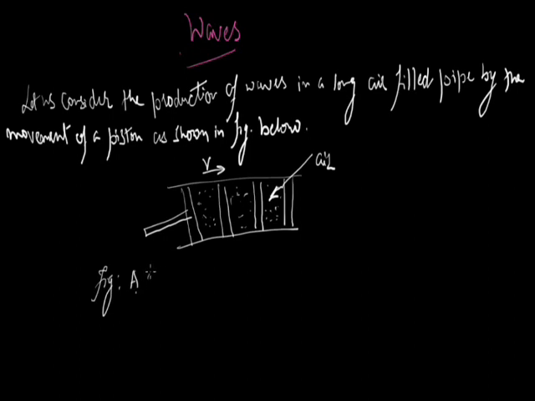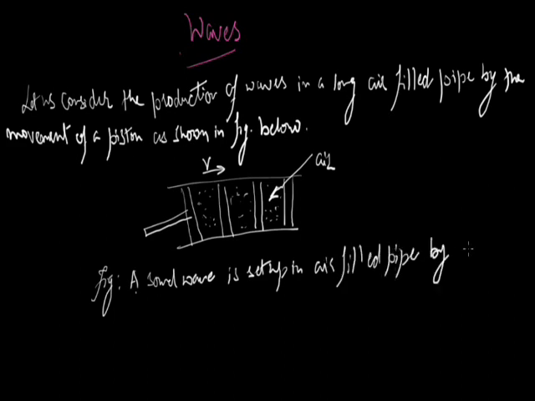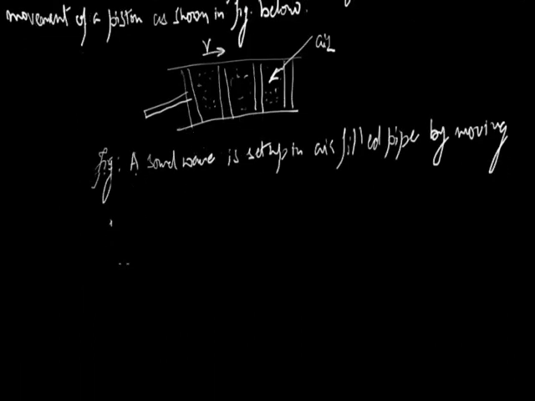Here in this figure, a sound wave is set up in an air-filled pipe by moving a piston back and forth.